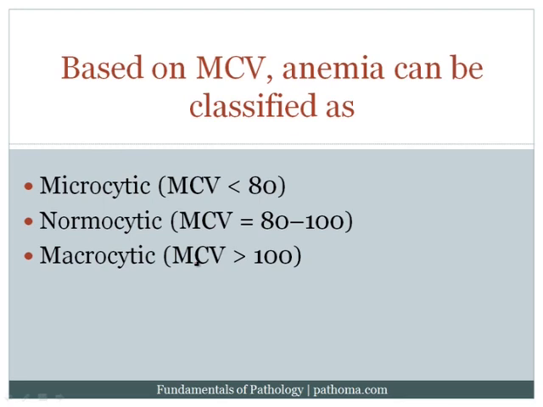However, my personal feeling is that the best way for a student who's learning about anemia to understand anemia is to divide it based on the MCV. The MCV is the mean corpuscular volume, and it gives you an estimate of the size of the red blood cell. And for me, if you understand anemia based on the size of the red blood cell, that makes it very easy to learn the different anemias.